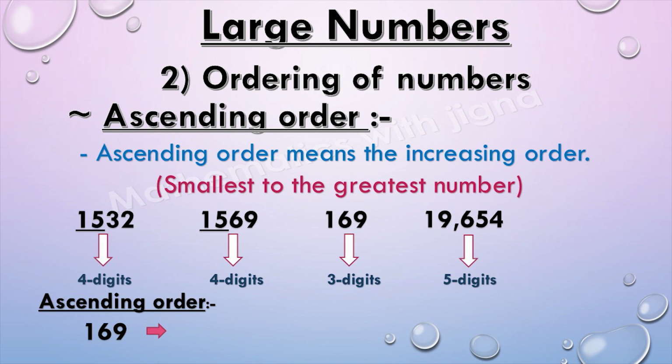We know that 3 is smaller than 6. So write the next greater number after 169, which is 1532. Then write the next greater number, 1569. And at last write the greatest number, which is 19,654. So this is how you arrange the numbers in ascending order.